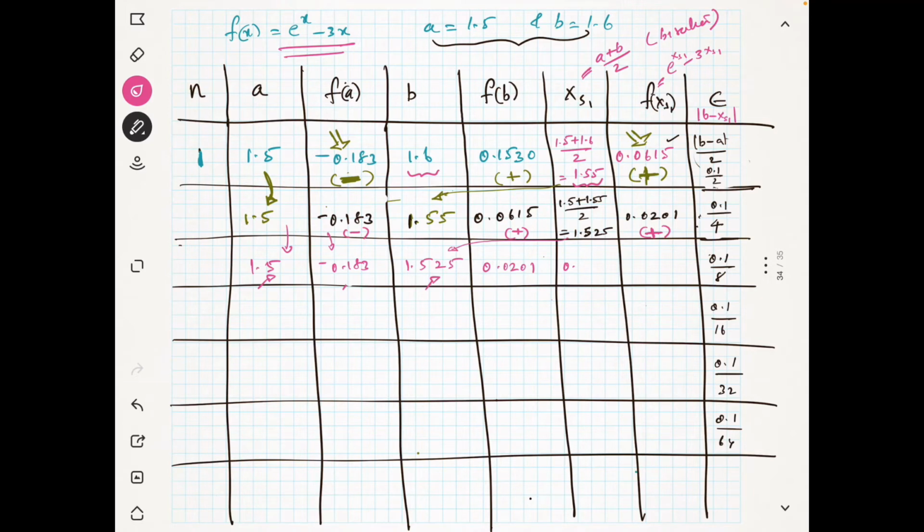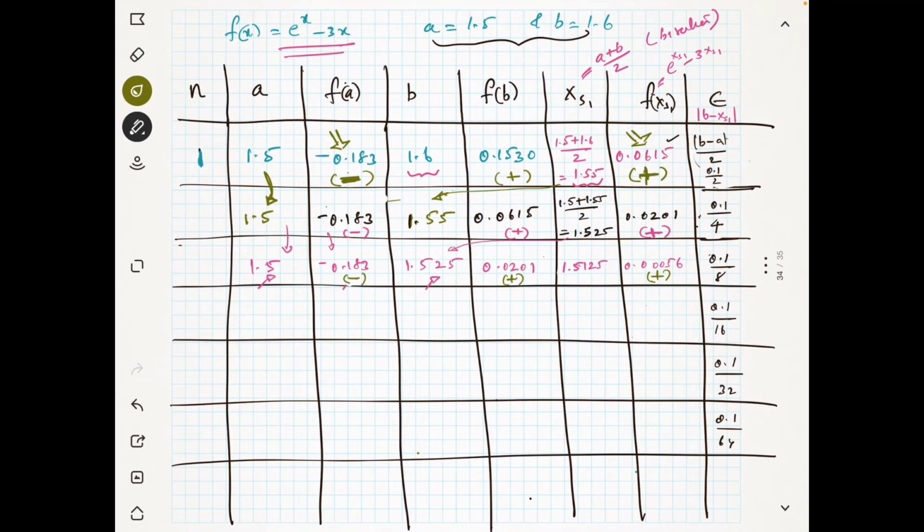You will get it as 0.00056, okay. Now not 56, I think, sorry for this. You will get this answer as, average is nothing but between these values, 1.5125, and f of that is nothing but 0.056. Now it is clear that this value is positive and f of b is positive, f of a is negative.